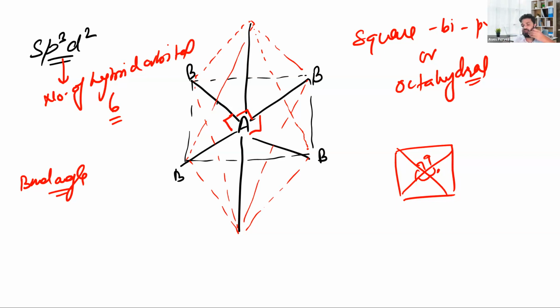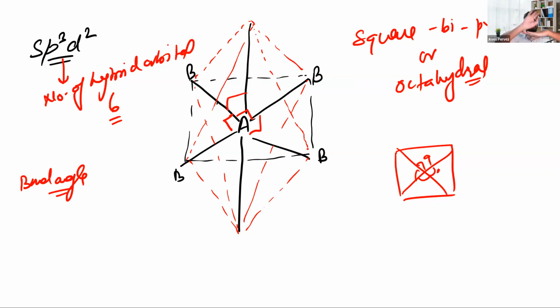If you have a phone, let me show you. If this is a phone, and we have this over this one, then this is going to make a bond angle with all these 4 in the plane, 1, 2, 3, and 4. So the bond which is above the plane makes 90 degrees with this one, 90 degrees with this one, 90 degrees with this one, and 90 degrees with this one also. Why?